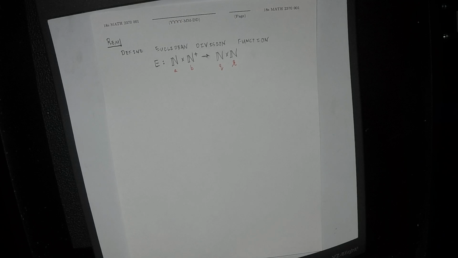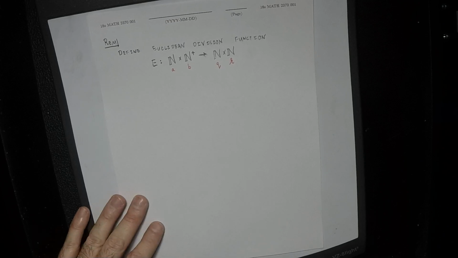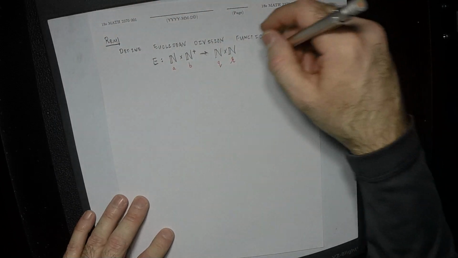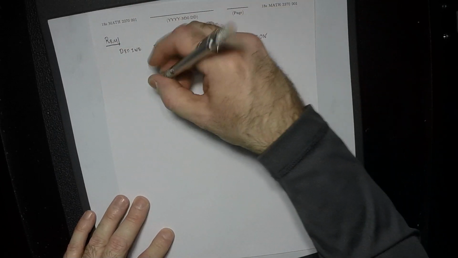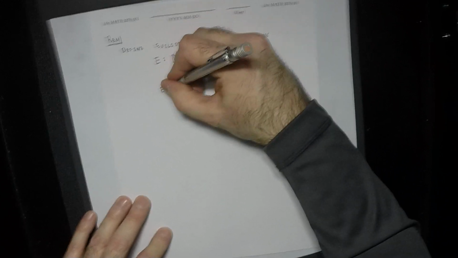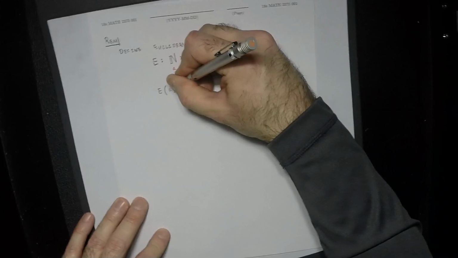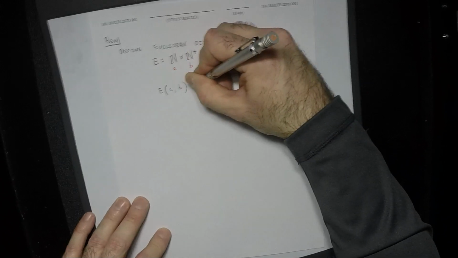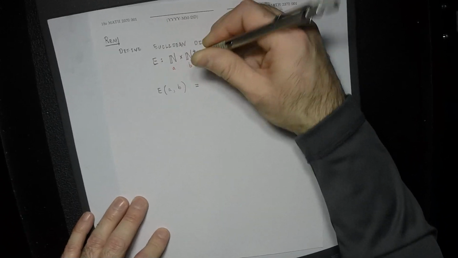Okay, so let's think about this for a moment. We'll define the Euclidean division function with that signature as follows. The Euclidean division of A divided by B is, well, we're going to need cases.